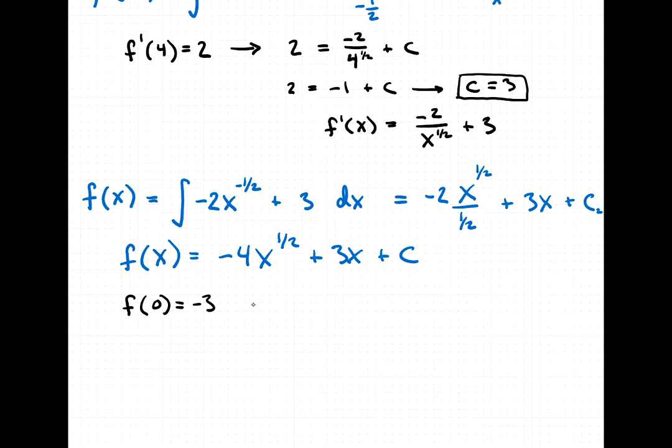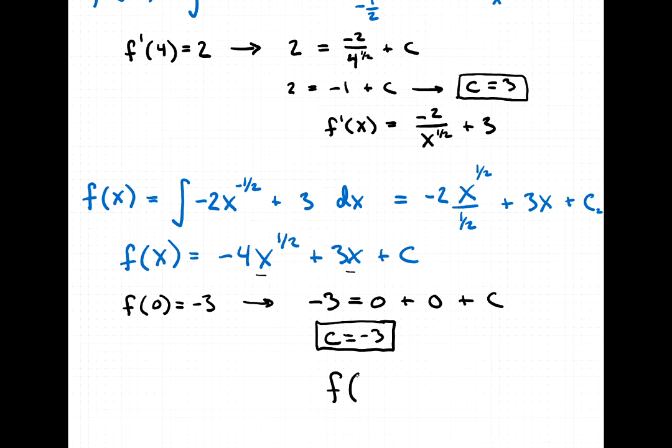So that tells us that -3 is equal to, if we plug in a 0 here and here, 0 plus 0 plus c, or c equals -3. So our function, which is the particular solution to this differential equation, should be -4x to the 1/2 plus 3x plus c. Okay, so there's our solution.